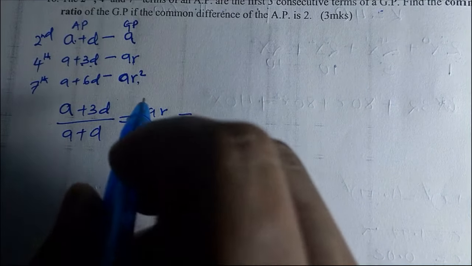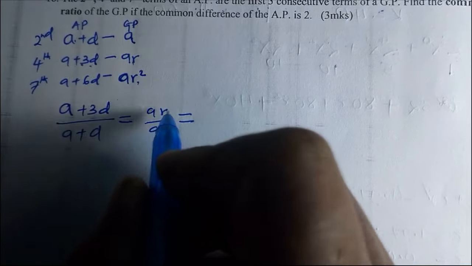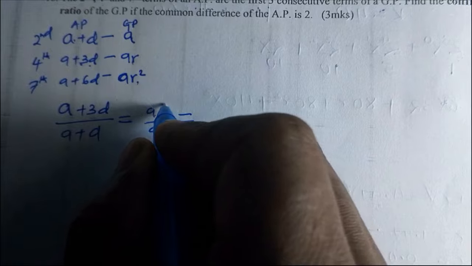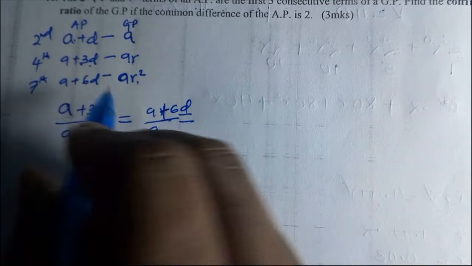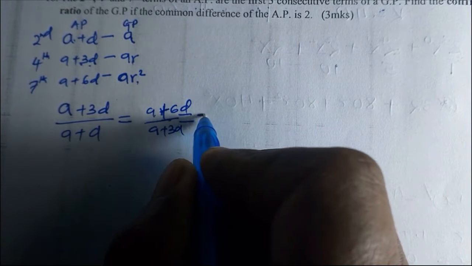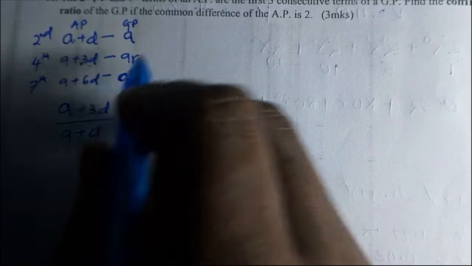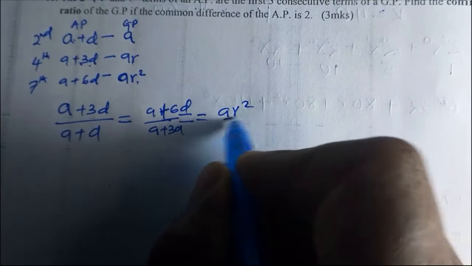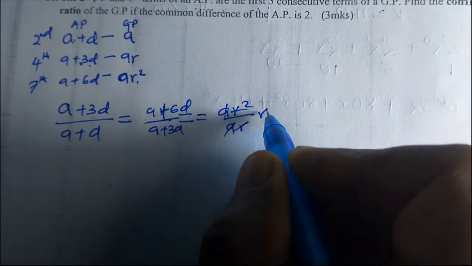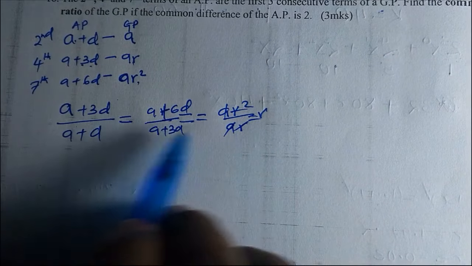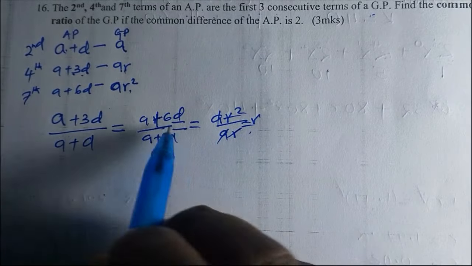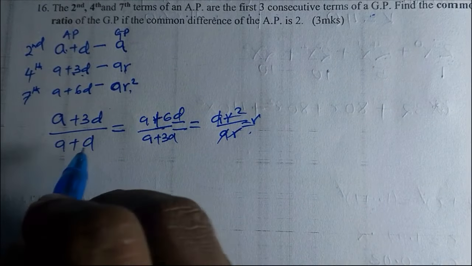Actually even before I do this, A plus 6D over A plus 3D will be equal to AR squared over AR. So actually each of these is equal to R, the ratio. Now we solve this, but we were told that the common difference D is 2.